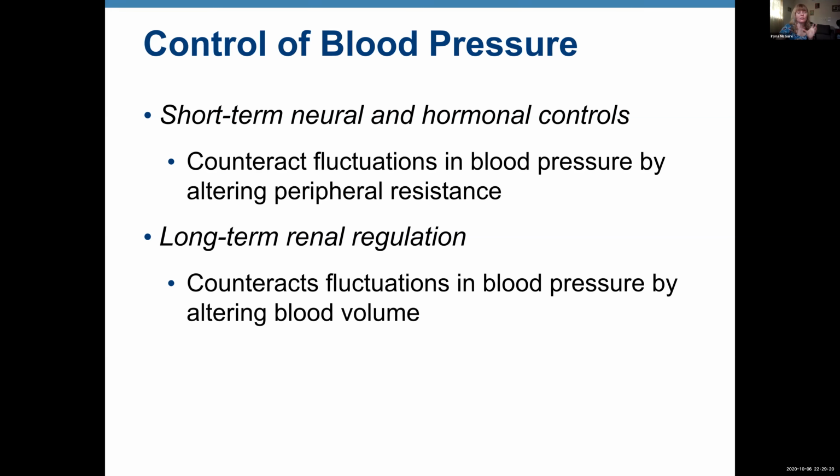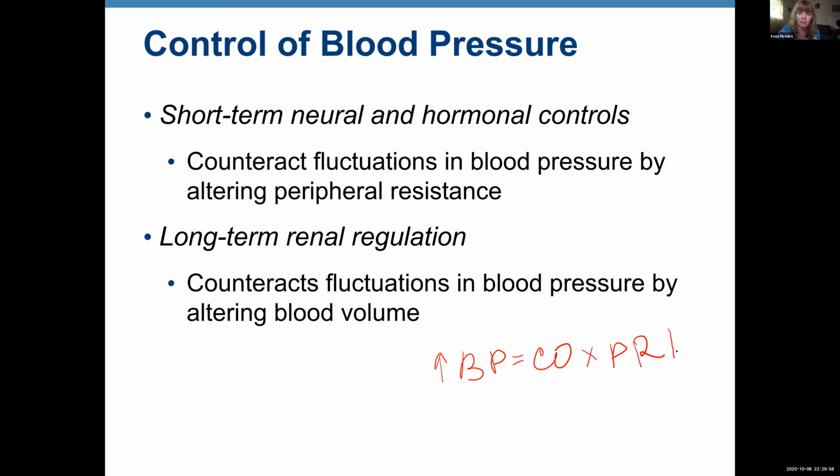Now, short-term regulation means we need to do it really quickly, and it's not going to last long, right? So what can we alter to regulate blood pressure? Well, we can alter peripheral resistance. All short-term regulation alters peripheral resistance, because again, remember, blood pressure equals cardiac output multiplied by peripheral resistance. So if blood pressure, for example, goes up, what should we do?